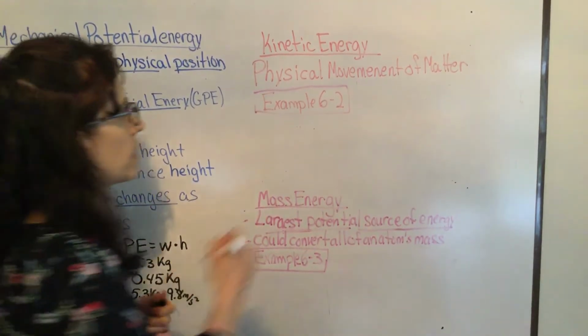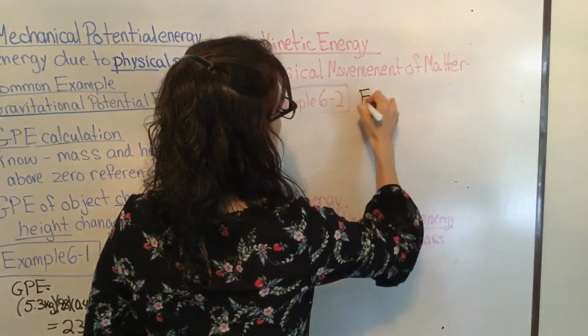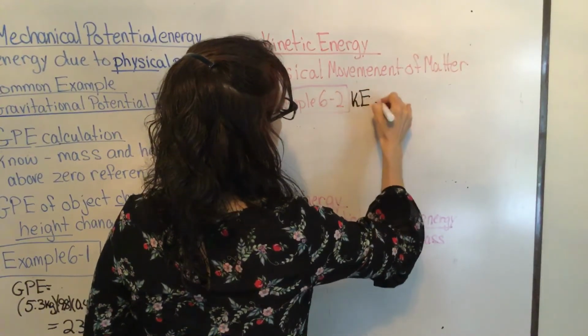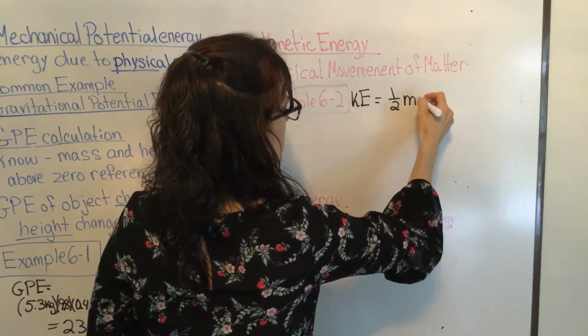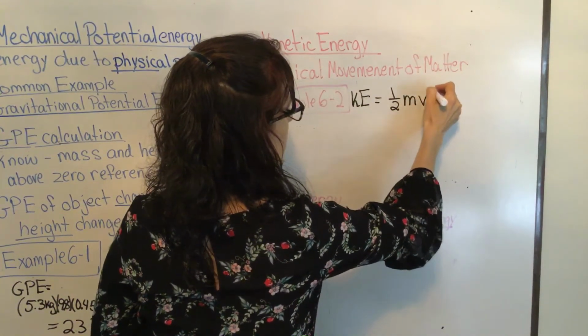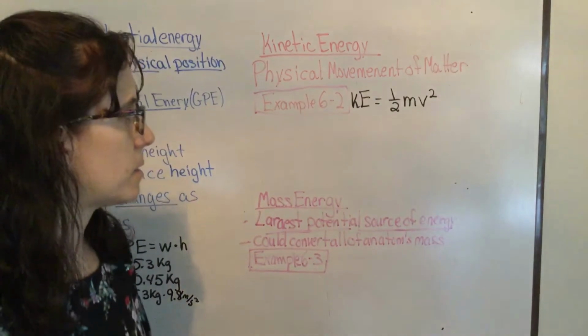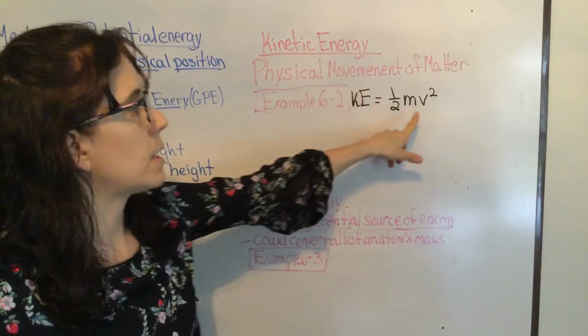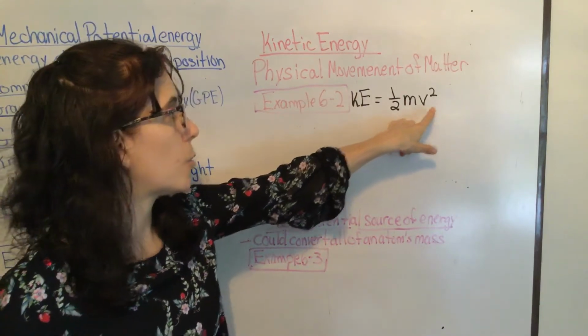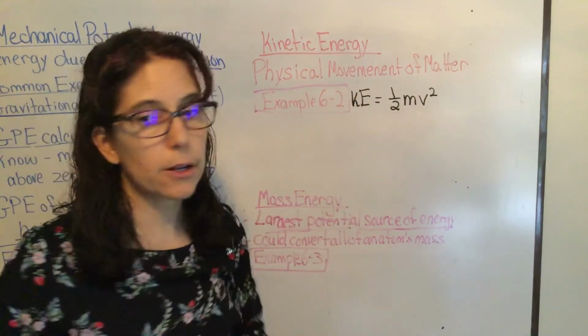Kinetic energy equals 1/2 the mass times the velocity squared. So if we double the mass, we double the kinetic energy. If we double the velocity, we quadruple the kinetic energy.